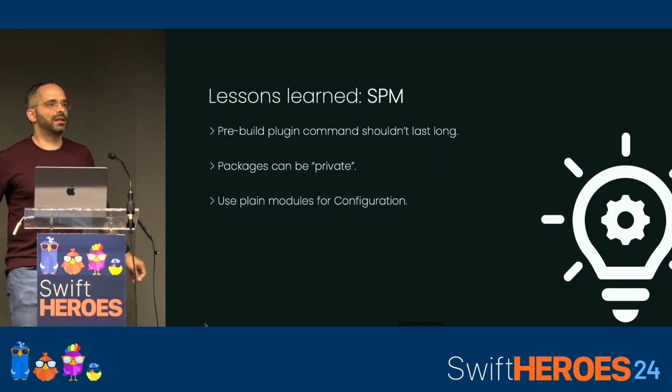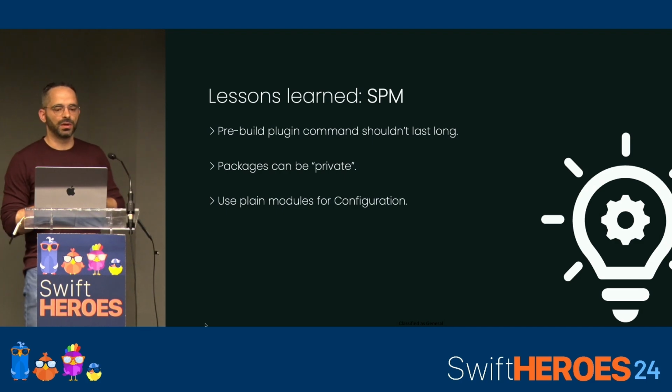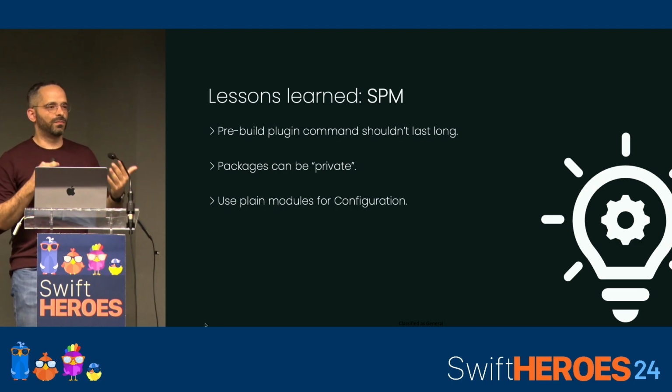And one thing that we faced is that developers were trying to do some very complicated configuration models. So basically, your package should receive a very dumb struct with the configuration options you want to pass down.